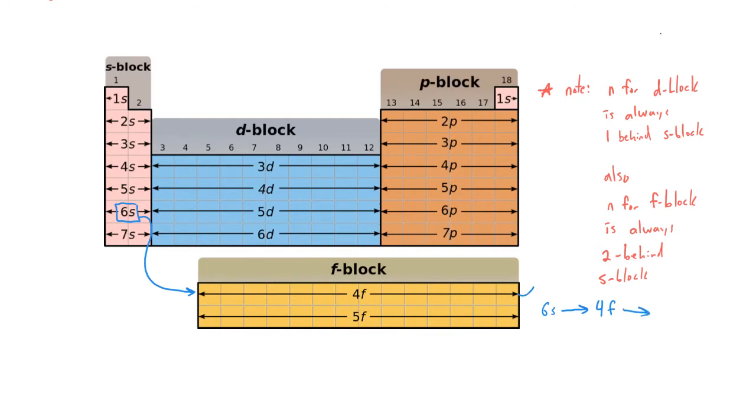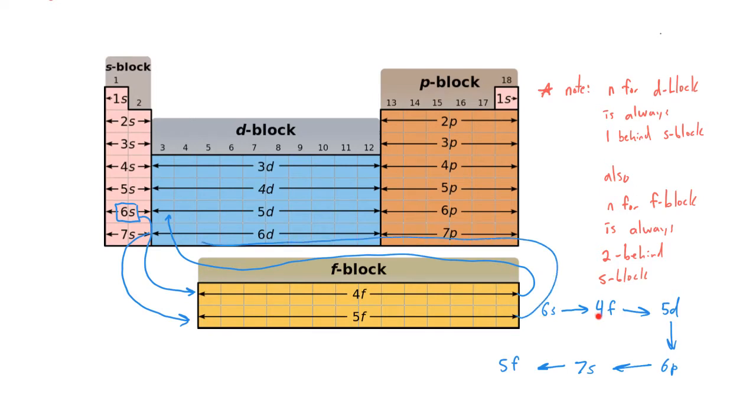And this 5f is 2 lower than 7s. You can also think of it as being 1 behind the d block in front of it. And the filling for those orbitals is shown here below, where first it goes from 6s to 4f, and then from 4f to 5d, and to 6p, 7s, 5f, and 6d, and so on. So that's the basic idea here.